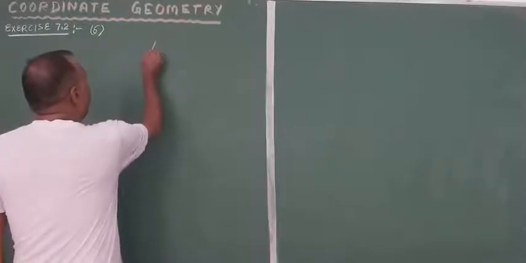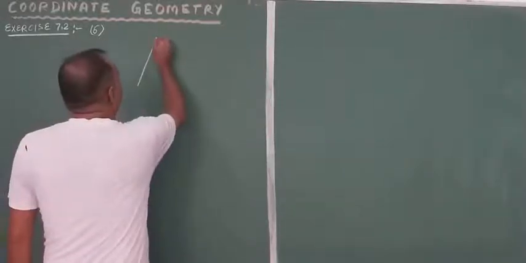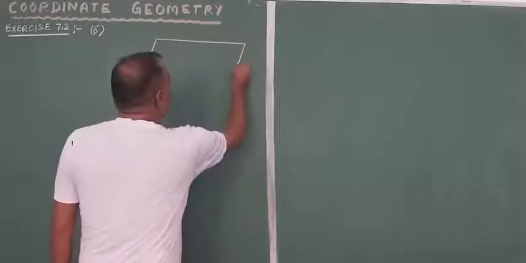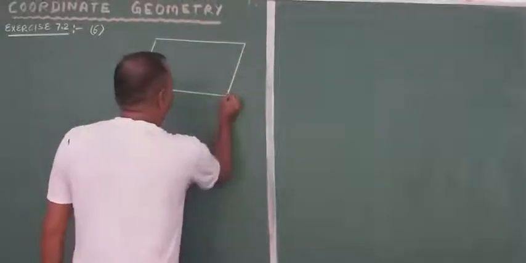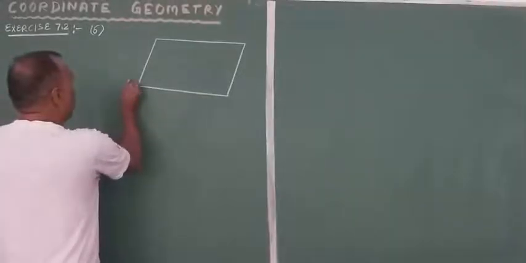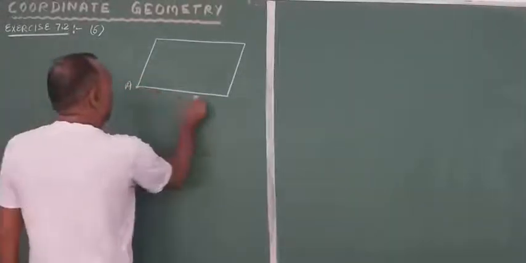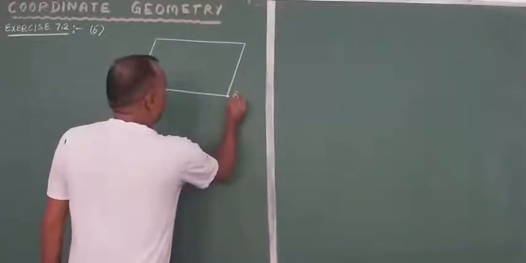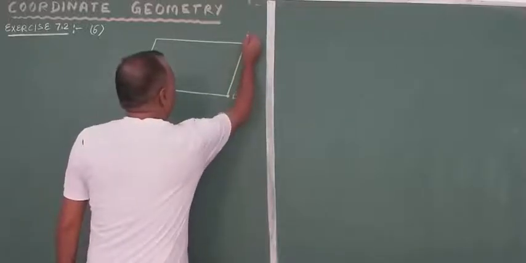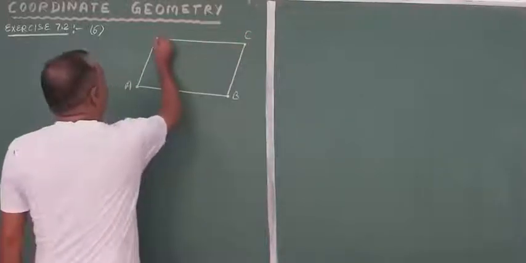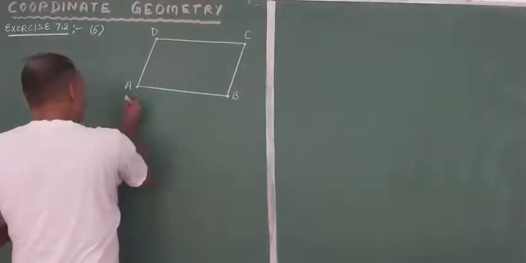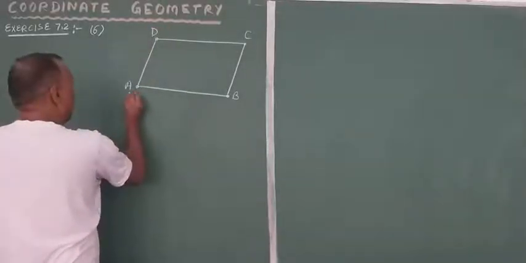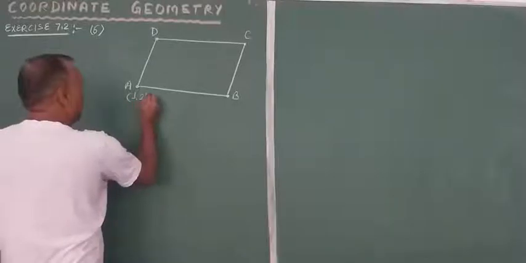This is the parallelogram. This is point A, this is B, this is C and this is D. They are taken in order, then you will write in this way.